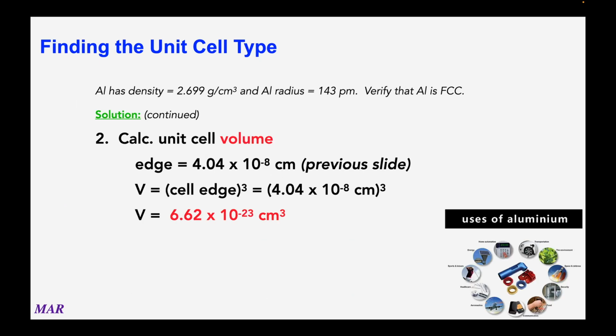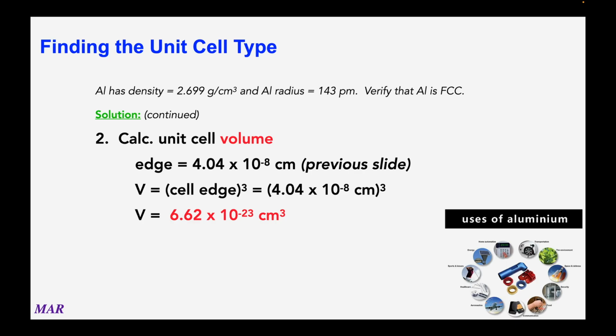Now that we have an edge in centimeters, edge cubed equals volume. As long as the length, width, and height are all the same, you can just cube the edge to find the volume. So 4.04 times 10 to the minus 8 centimeters cubed in your calculator is 6.62 times 10 to the minus 23rd centimeters cubed. Cubed is usually on your calculator. There are different ways to do it.